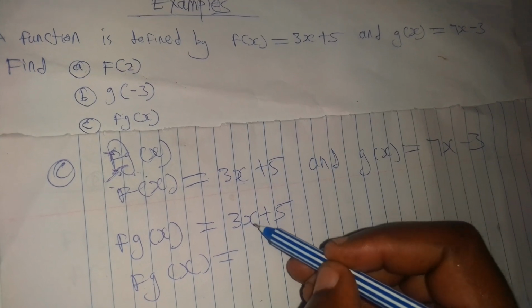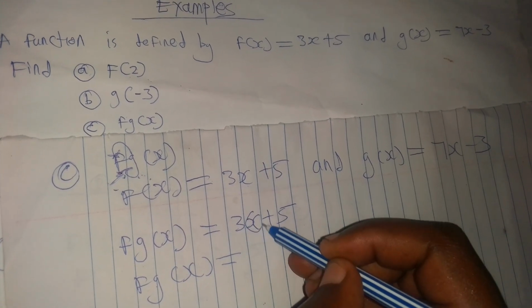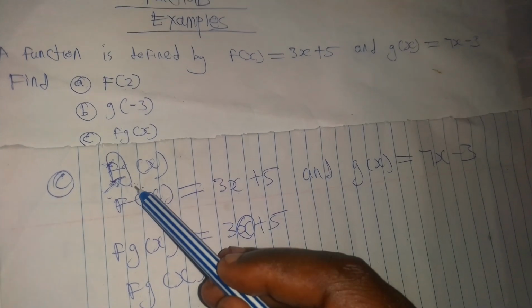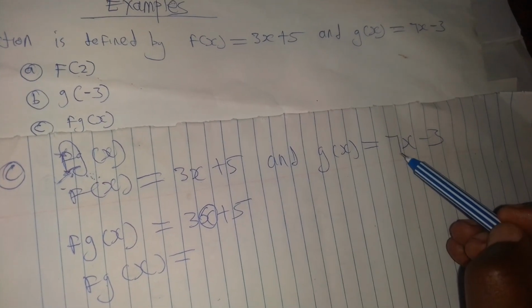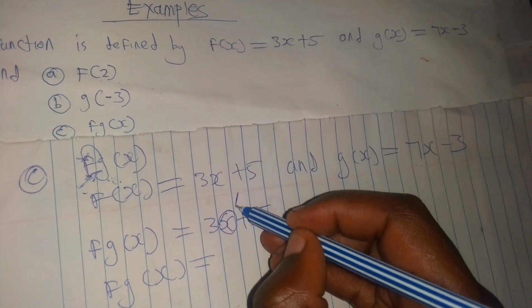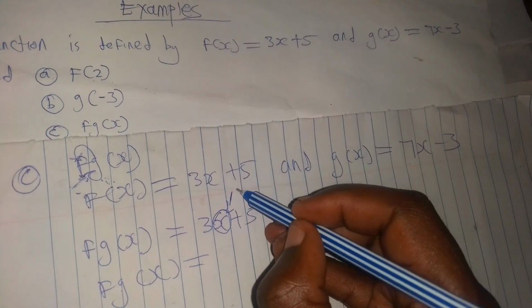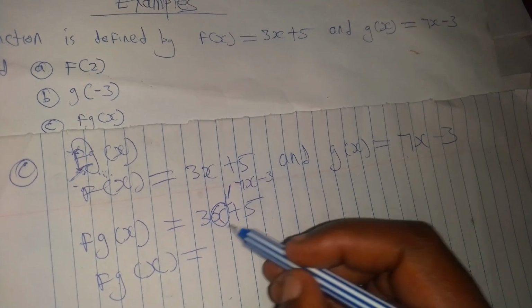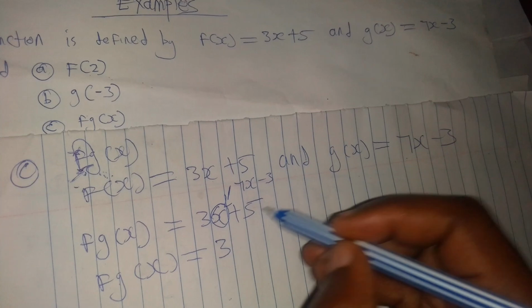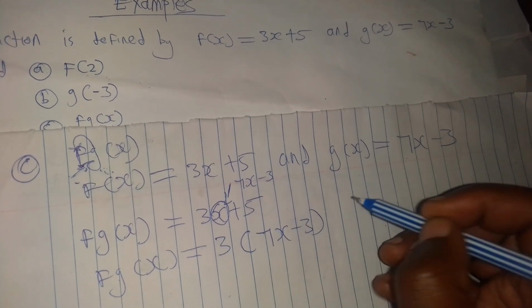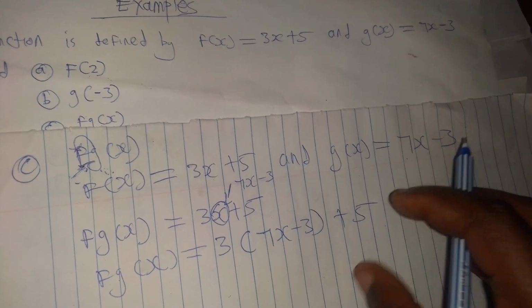Here, where there is x, you have to replace it with g. Now for g, that is 7x minus 3, meaning here where there is x, replace with 7x minus 3. Now in the front we have 3, so 3 multiplied with 7x minus 3 plus 5.